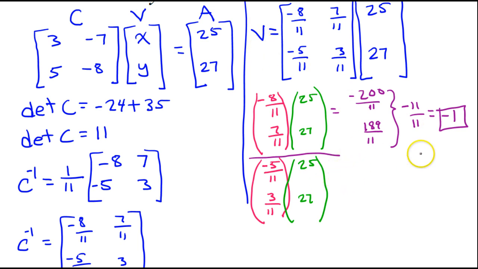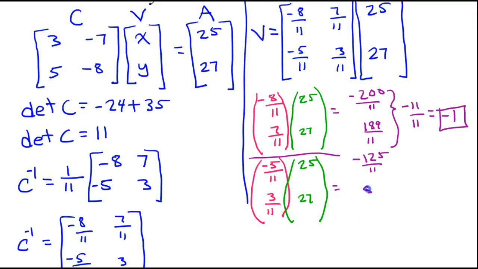Okay, now let's find out the second element of my variable matrix. So let's see, 5 times 25 is 125. So here I will have negative 125 elevenths. 3 times 27 is 81.